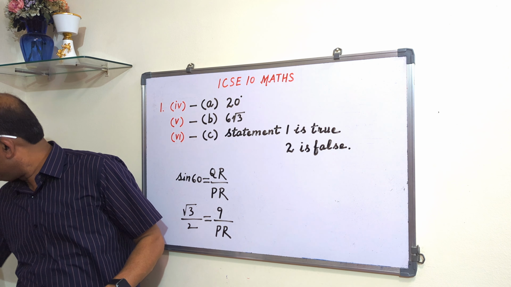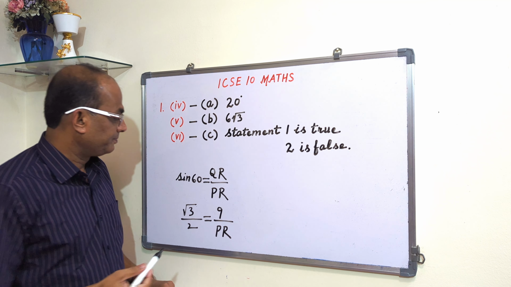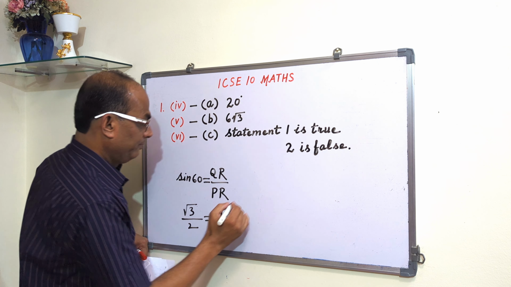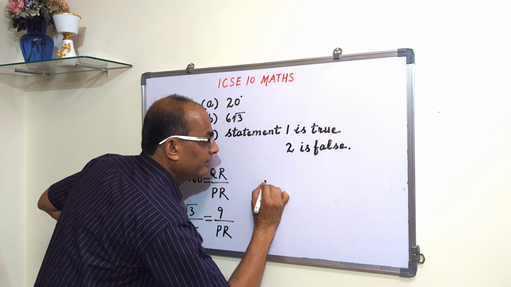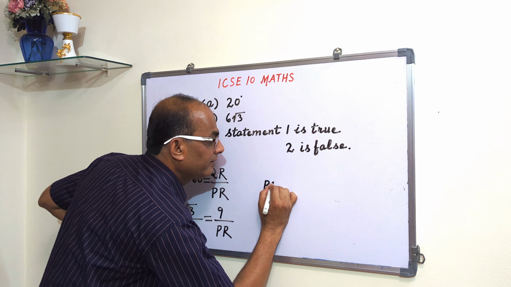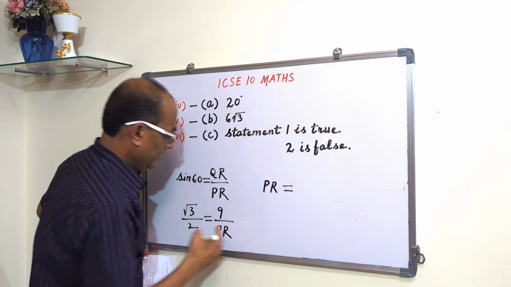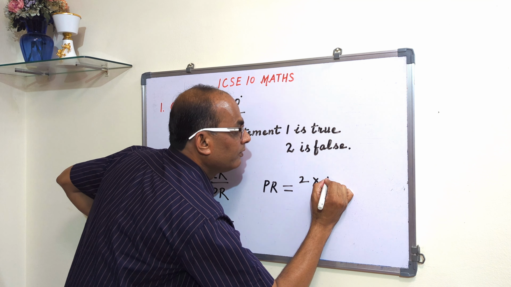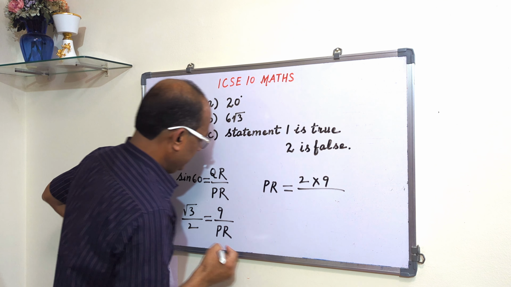From here we get PR root 3 is equal to 2 into 9. So PR is equal to 2 into 9 and the whole divided by root 3.